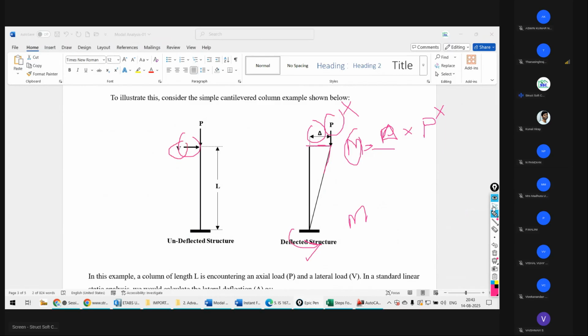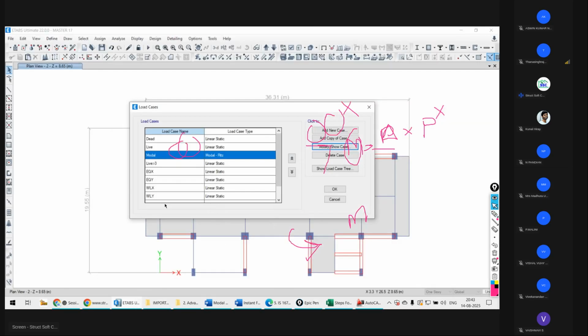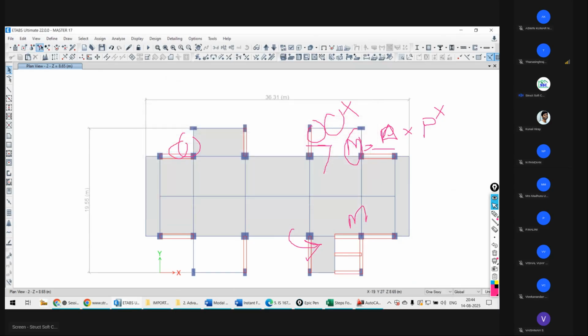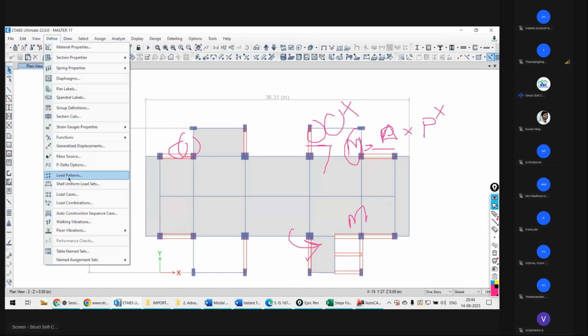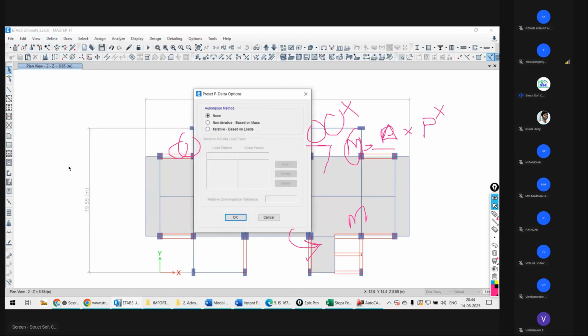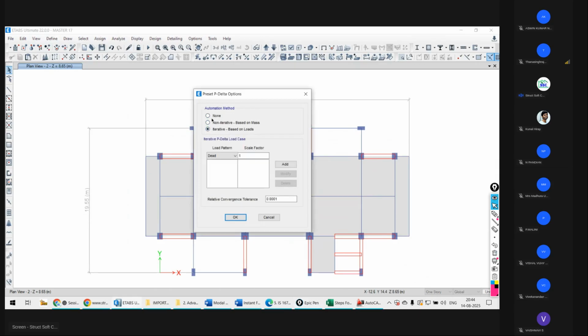Okay, so again, it is a few second step to define the P delta effect or P delta analysis in your structure. Go to Define, go to your Load, sorry, P delta option. Once you click on the P delta option, here None is there. Non-iterative based, it is the iterative based. Check this, it is a repetition.